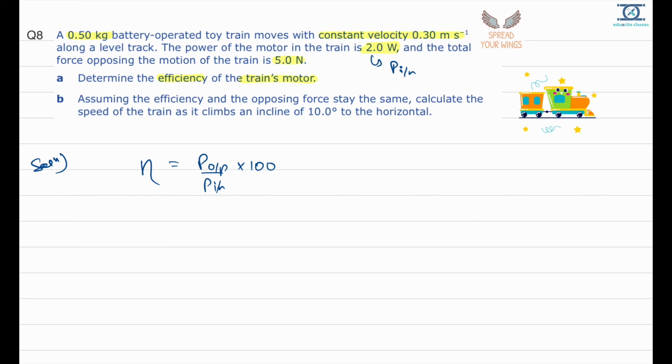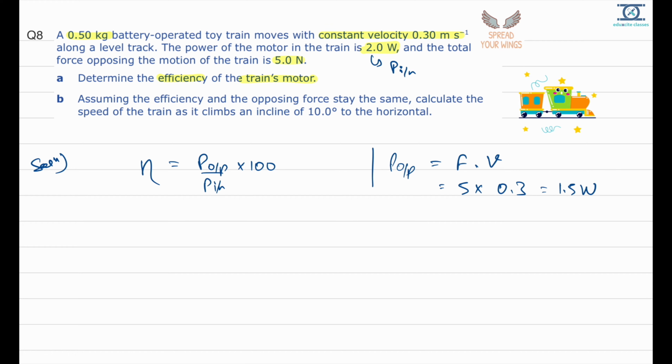Now power input is given to us. Power output in this case is nothing but the driving force times the velocity. It is given in the data booklet. The force is 5 and velocity is 0.3. So this comes out to be 1.5 watt.